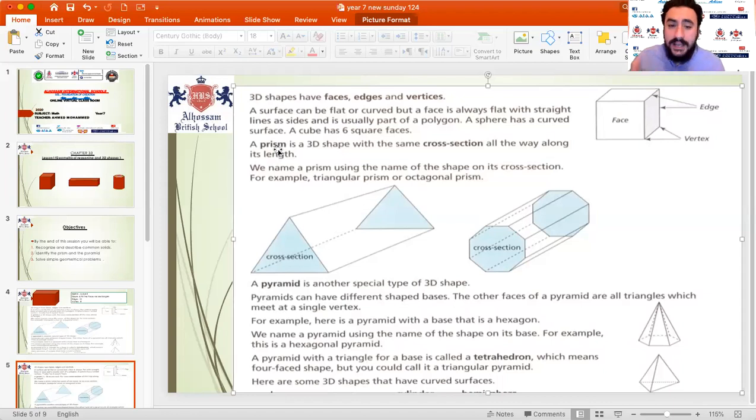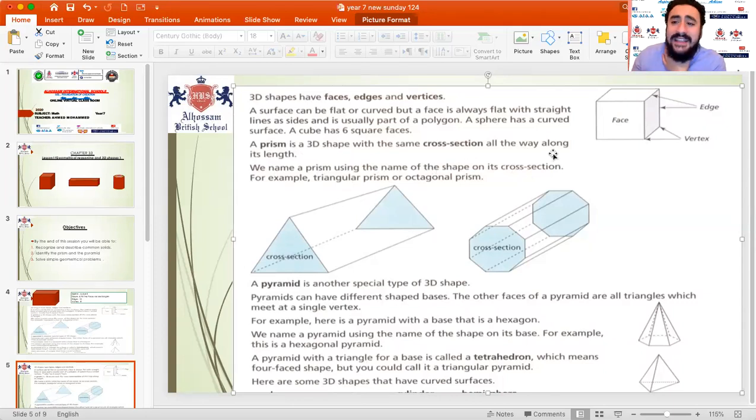A prism is a 3D shape with the same cross section all the way along its length. So this is a prism. Why? Because there is a cross section. The upper face here is exactly like the bottom here. So we say that this is a prism.